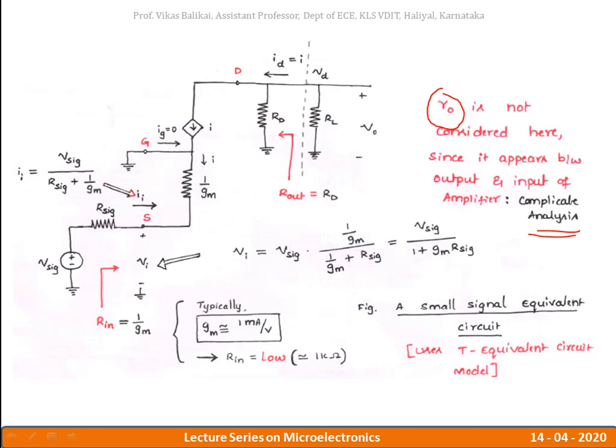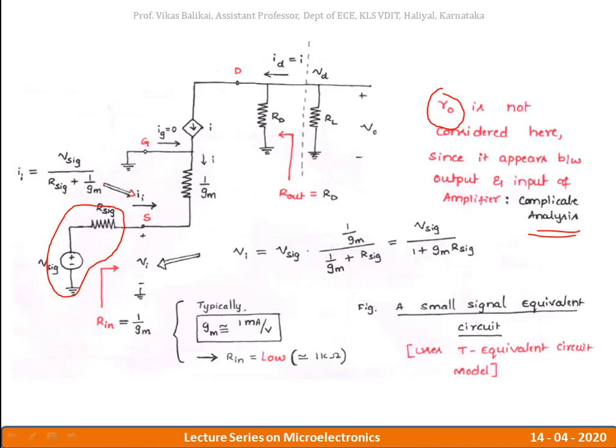When I apply any input voltage, that input voltage comes with a small internal resistance. So this entire voltage source along with the resistance is basically my voltage source. R sig is the internal resistance of the voltage source that I have taken over here. So basically V sig is the input voltage and R sig is the small internal resistance of the voltage source.